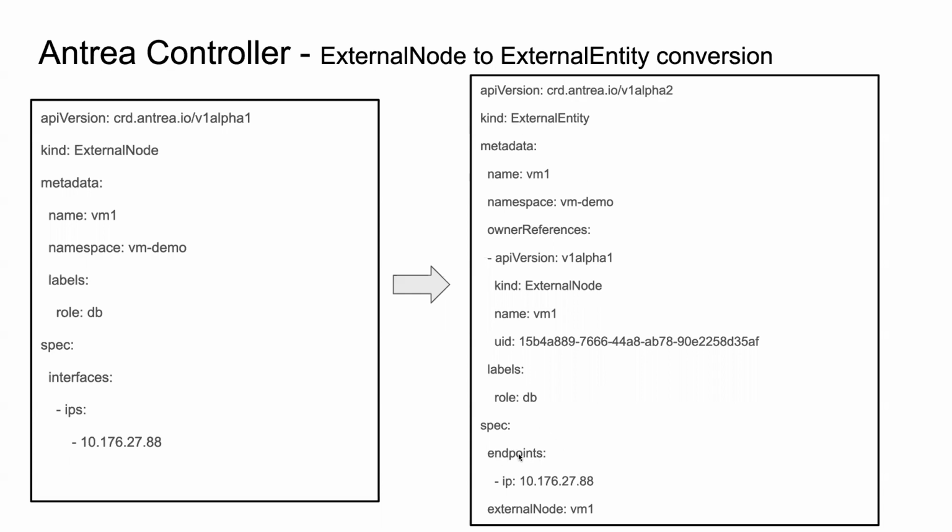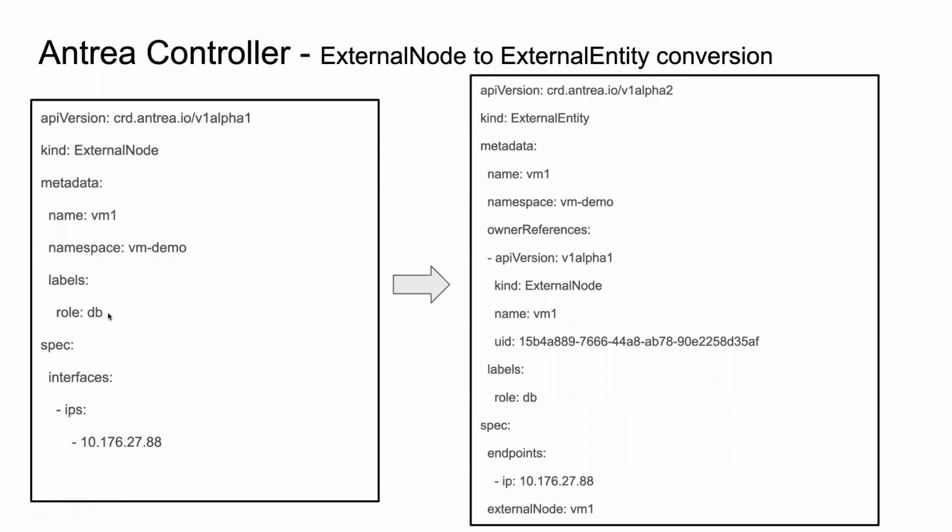And the endpoints are populated based on the interfaces field. And another important field is the external node field. It will be set to the same name as this external node. Basically, the general idea is that we will generate an external entity for each interface defined in the external node.